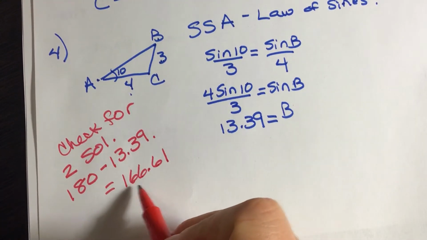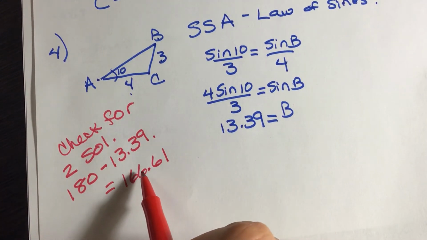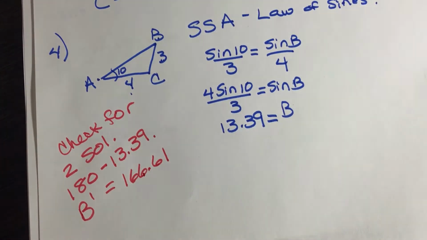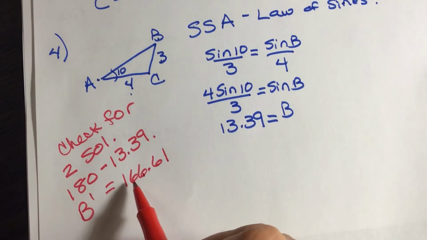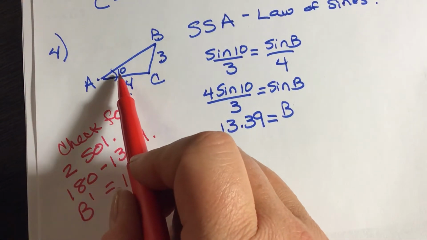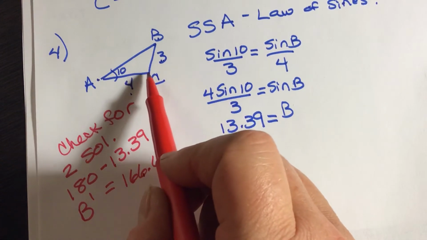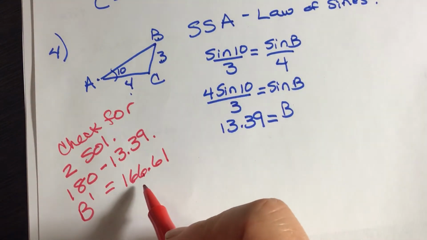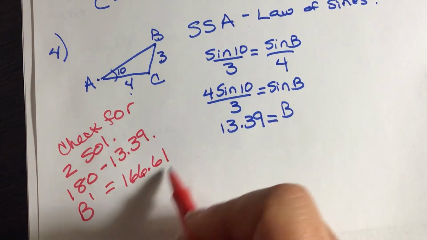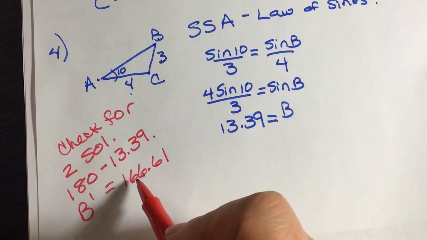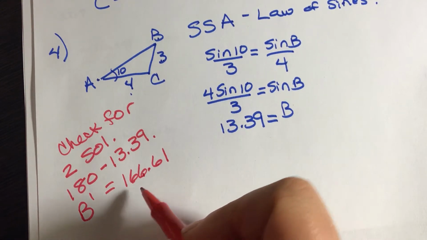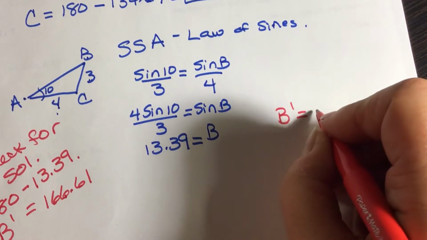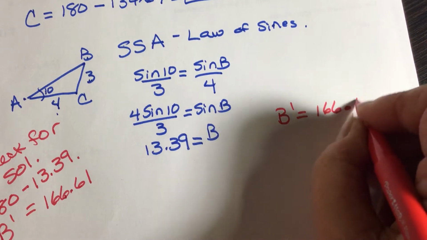This would be B prime, that would be our second solution for B. To see if this will work, I'm going to add it to A and see if there's anything left over that C can be. So 166 plus 10 is 176. So this is less than 180, so I can have two solutions here. So B prime is 166.61.